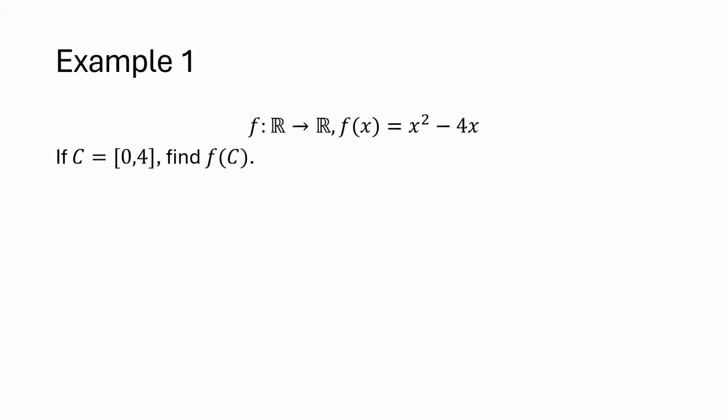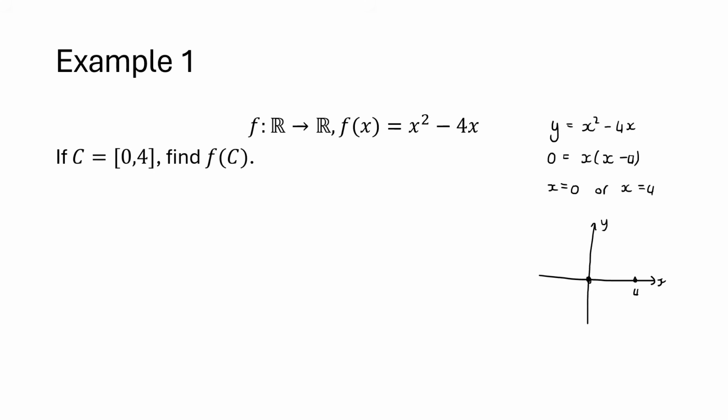So let's do a quick sketch of our graph. If we have that y equals x squared minus 4x, we can set y equal to 0 just to find our x-intercepts. Removing a common factor x, we get x times (x minus 4). And so x is either equal to 0 or x is equal to 4. If we do a quick sketch of our graph, it cuts the x-axis at 0 and at 4.